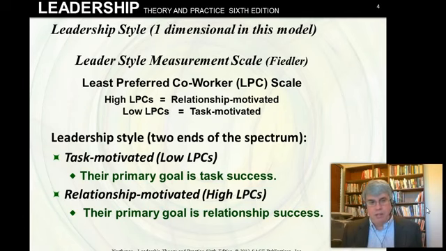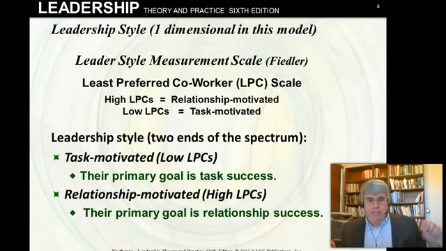And the people that don't think their least preferred coworker is that bad are said to be relationship motivated. And people that think their least preferred coworker is the devil incarnate, they are considered to be task motivated, more task motivated. And so this leadership style is one continuous spectrum.